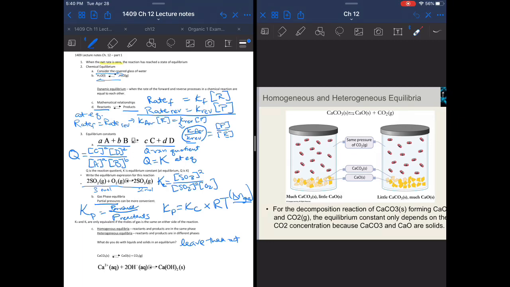So for instance, if we were going to write the equilibrium expression of the breakdown of calcium carbonate into calcium oxide and CO2, the equilibrium expression would just be the concentration of CO2.